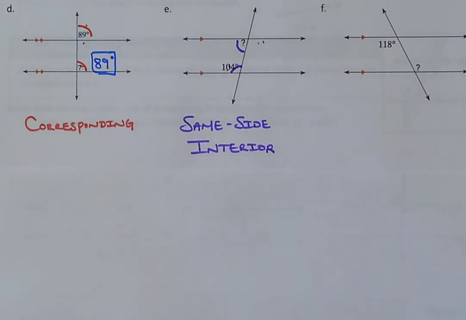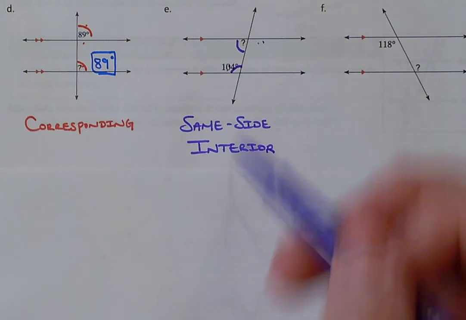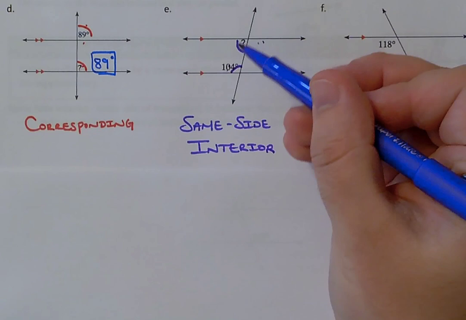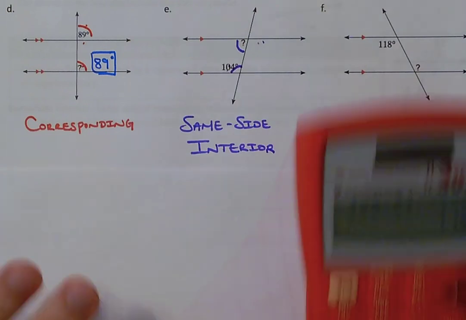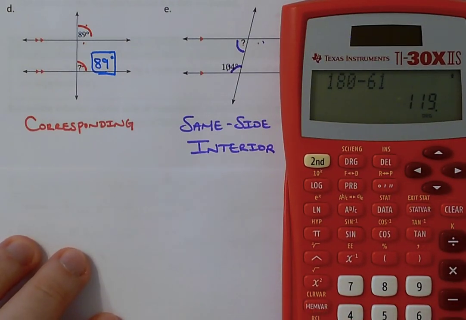And when we are dealing with same side interior angles, same side interior adds up to be 180 degrees. So that means I need to have 104 plus this angle to equal 180. So we're going to figure it out by taking 180 and subtracting 104.